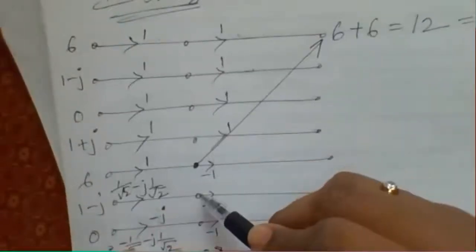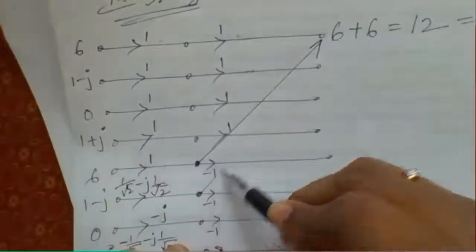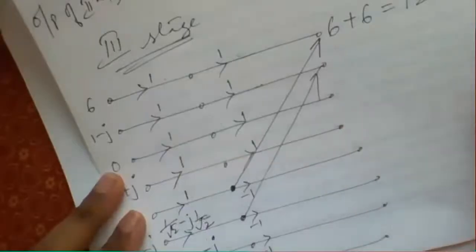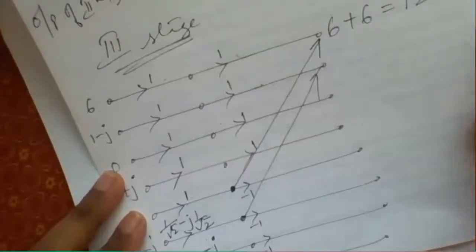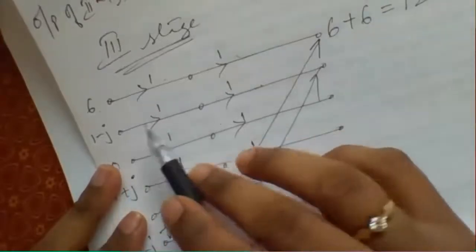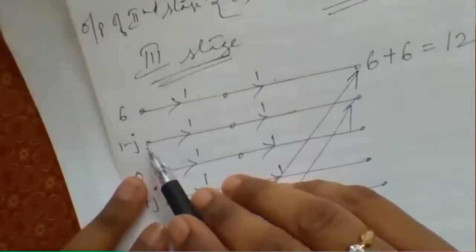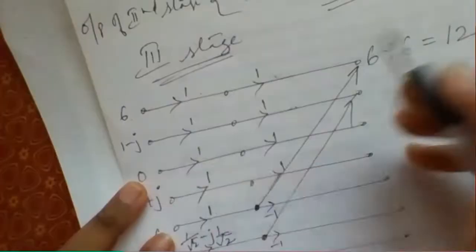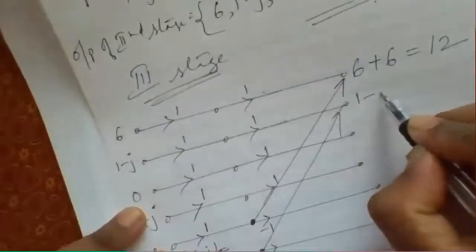Then similarly, the second one. Now we are calculating the second sample, that is x of 1. Just count what is the signal on the left side. It is 1 minus j into 1 into 1, so it will be 1 minus j only.